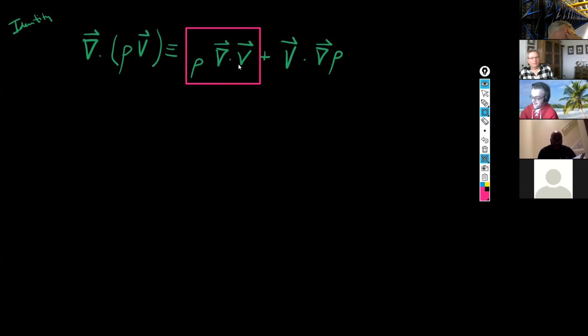Okay, and then what's this? First term is divergence. Well, the first term, this is mass divergence. What is this term?